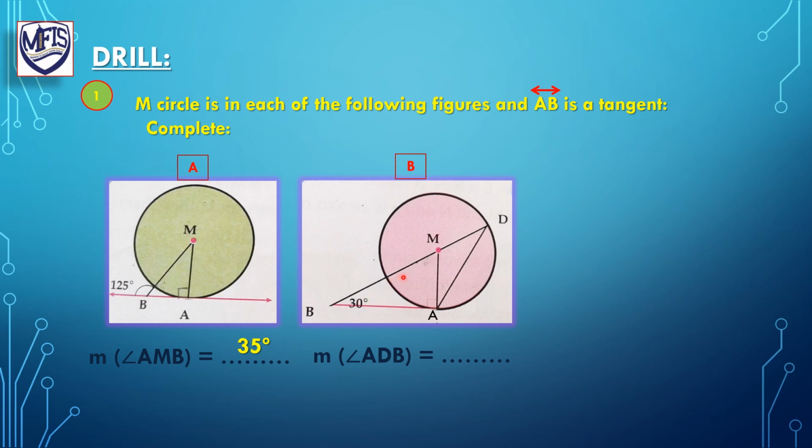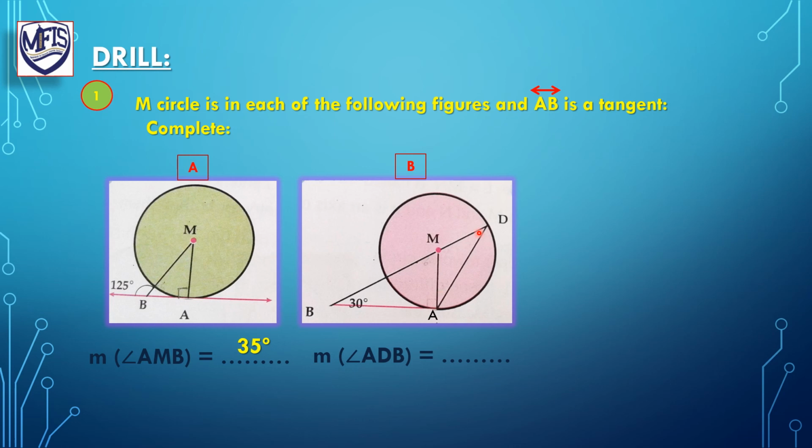Therefore, angle AMB equals 60 degrees. But this angle is an exterior angle of triangle AMD. Therefore, 60 equals the sum of angle D and angle MAD.